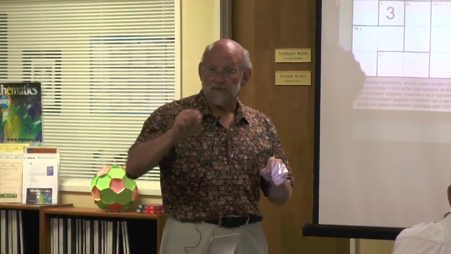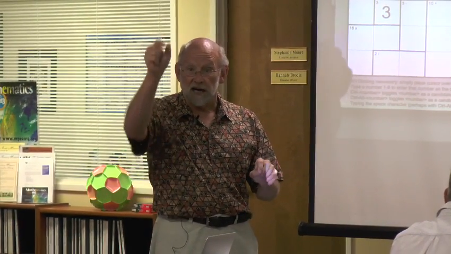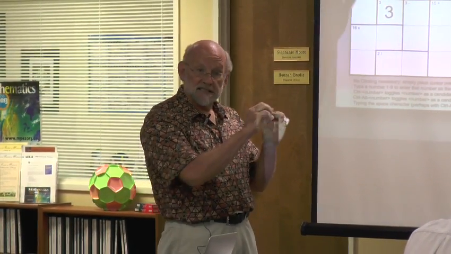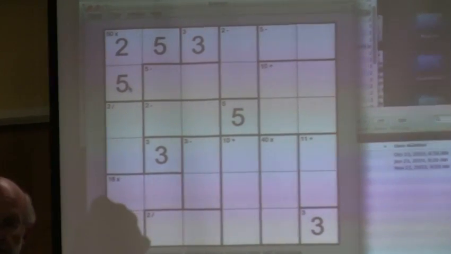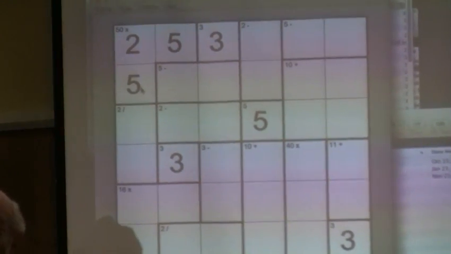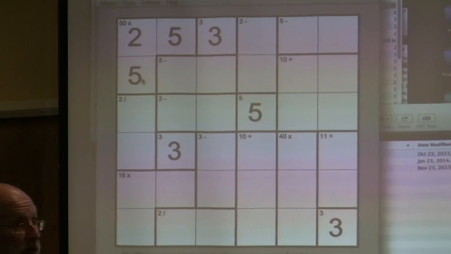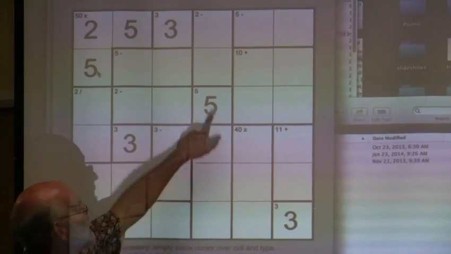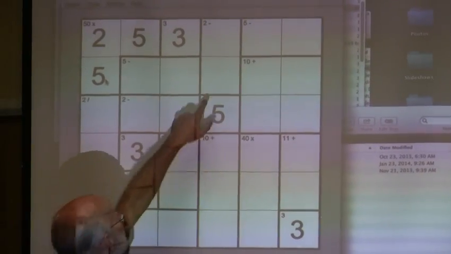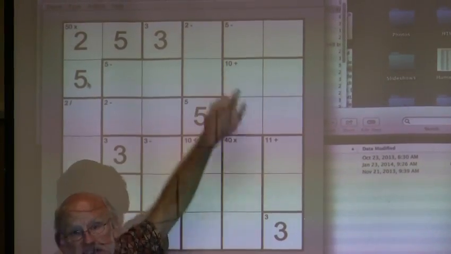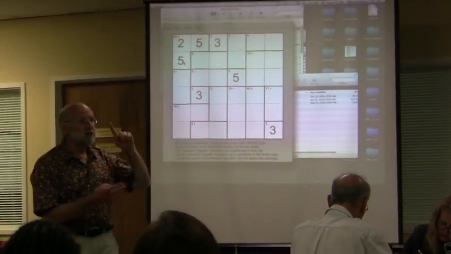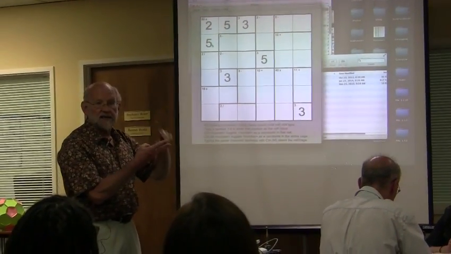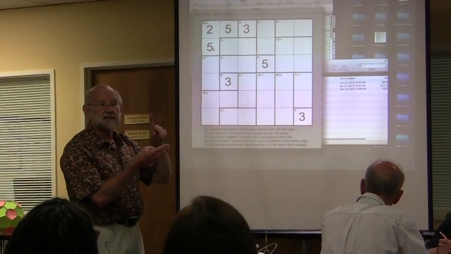So the magic number for the 4 by 4 was each row and column add to 10. On the 6 by 6, it's 1 plus 2 plus 3 plus 4 plus 5 plus 6, which is 21. Okay, so you're using the same sort of trick. So here's 10 of the 21, here's 15 of them, and so these 2 have to add to 6. So we have to find 2 numbers that add to 6, but whose difference is 2.